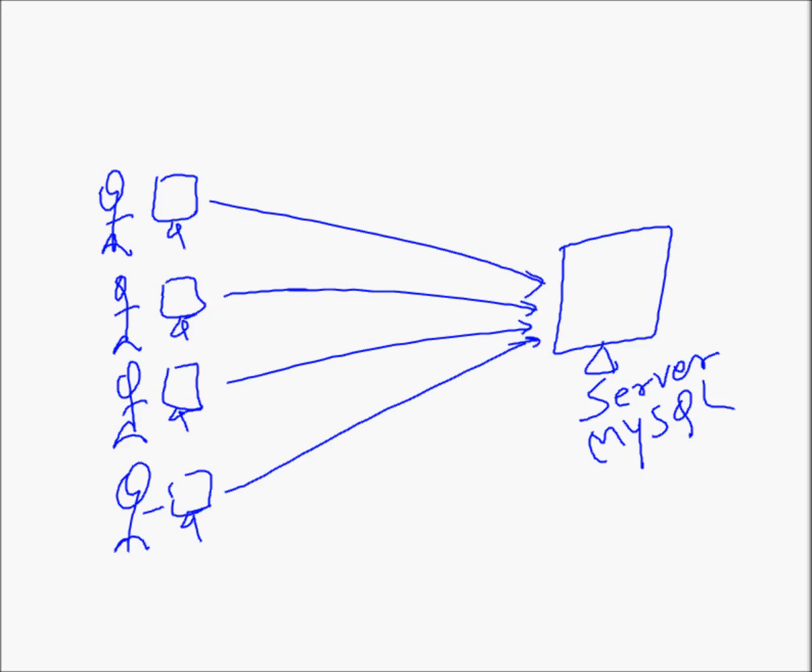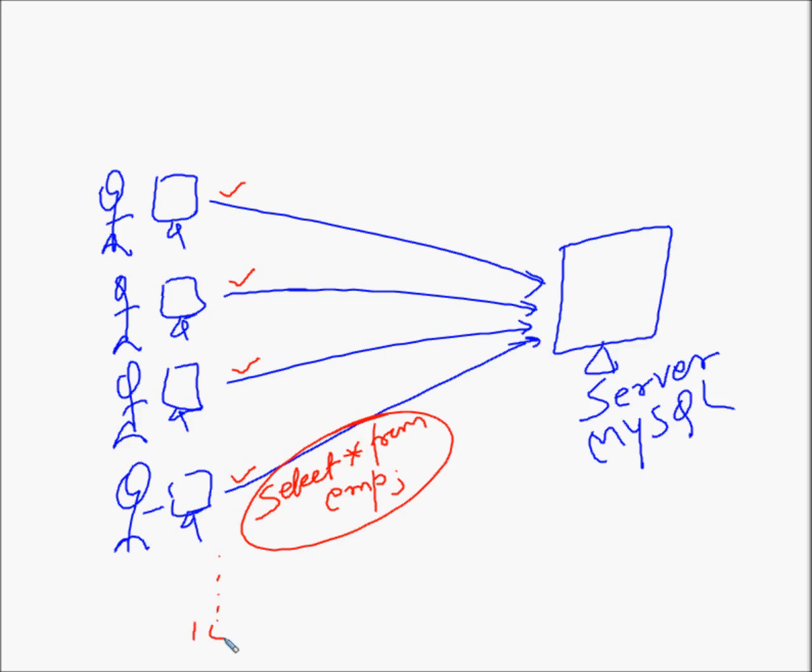Suppose it is a very small query: select star from EMP. This is a query fired by this client, this one, this one, all the same. Now what will happen? Similarly, let us say 1 lakh clients are sending this query to the server. What does the server do? First, it compiles.